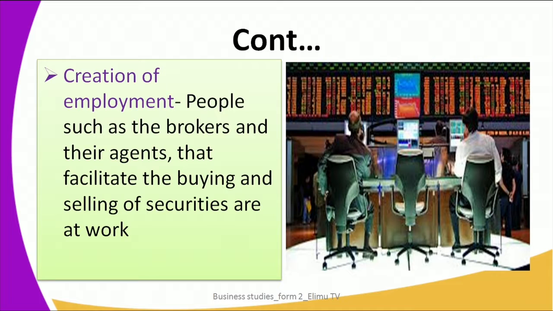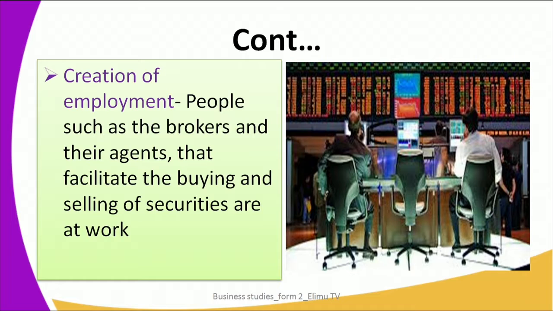The other role of the Nairobi Stock Exchange market is the creation of employment. And you'll find that if you visit the Nairobi Stock Exchange market, you'll find people there who are working, who are listing the companies, and those who are looking for people to subscribe for their securities.